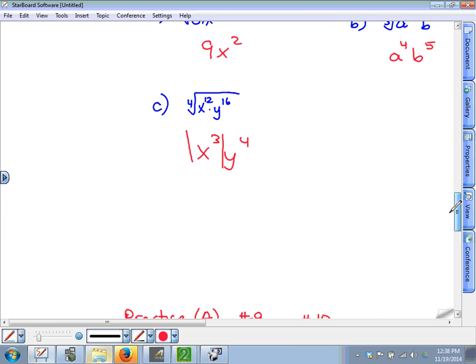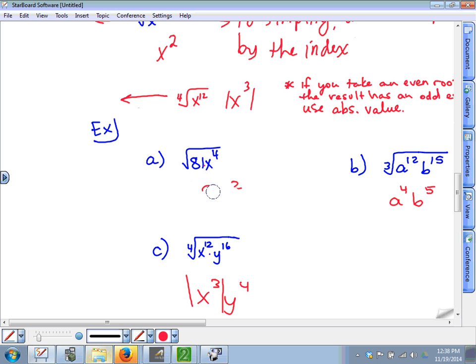Well, it still works with numbers. So like these examples here. 81x to the 4th inside of a square root. All that is 81x to the 4th, all raised to a power of 1/2. And all that means is it's 81 to the 1/2 times x to the 4/2. 81 to the 1/2 is just a square root.